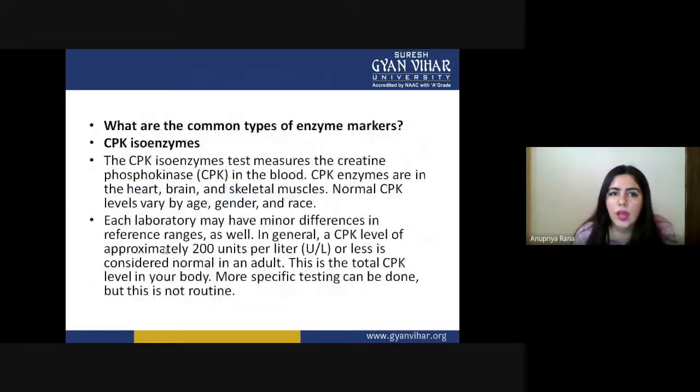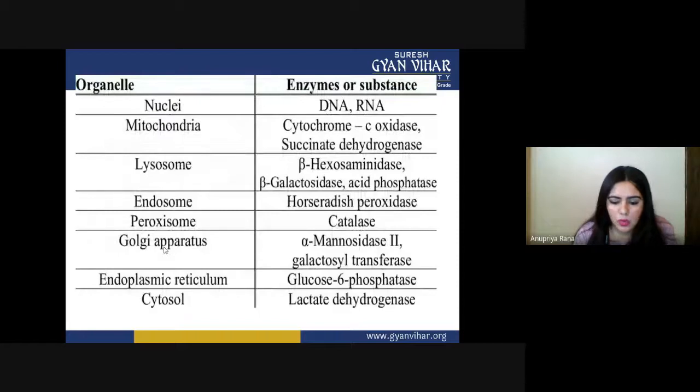What you have to remember in this whole lecture is this point: markers are the enzymes which are responsible for identifying a particular organelle inside the cell. These organelles are specific for the enzymes and their substrates, like nucleic acids, DNA, RNA, as I just told you in this table that you have to remember.